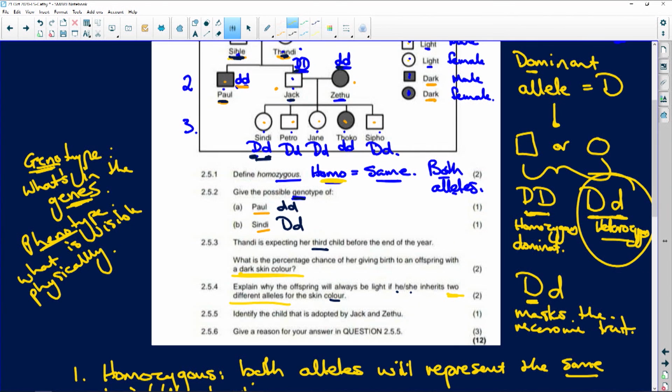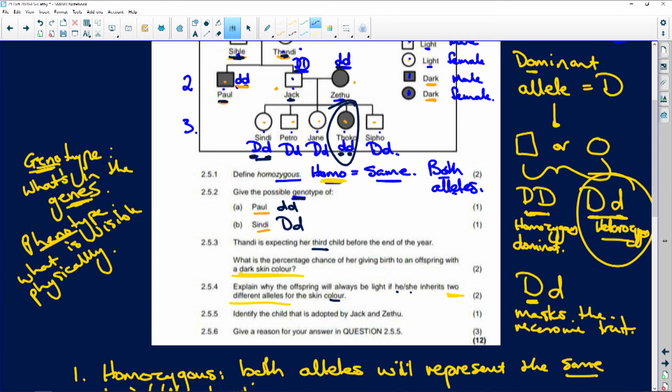Then identify the child that is adopted by Jack and Zitu. Which child is adopted here? You've got Jack and you've got Zitu. It's clearly Toko. Why would it be Toko? Toko has a lowercase d and a lowercase d, which means a recessive allele and a recessive allele.